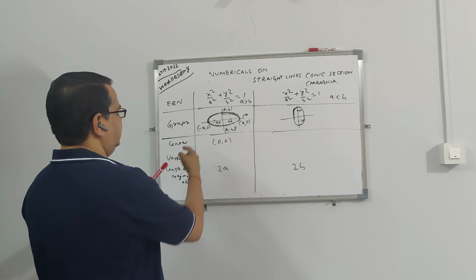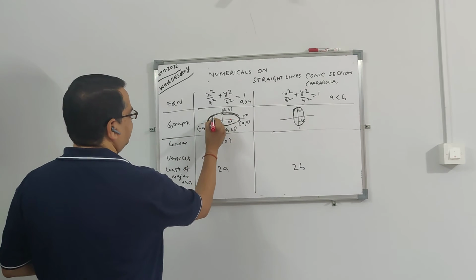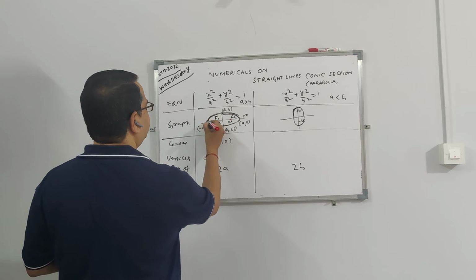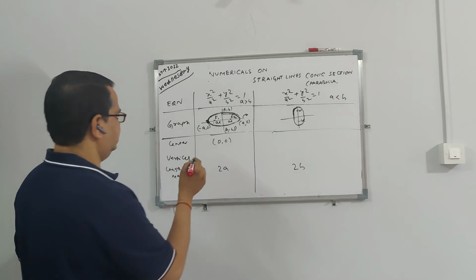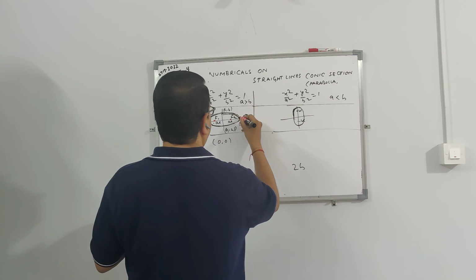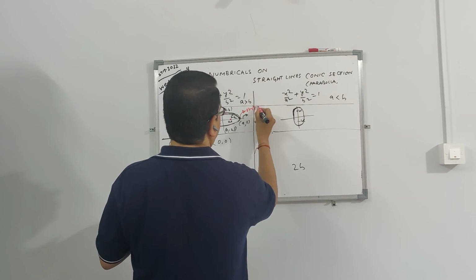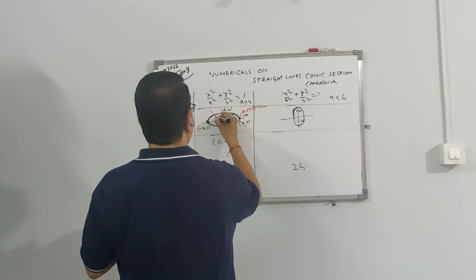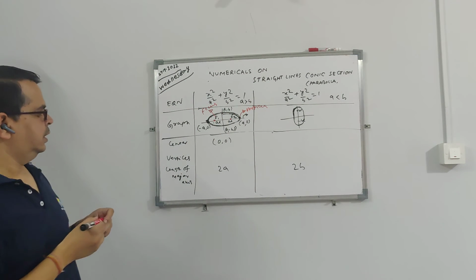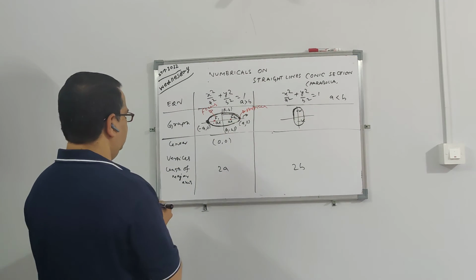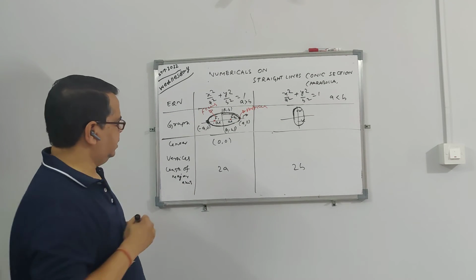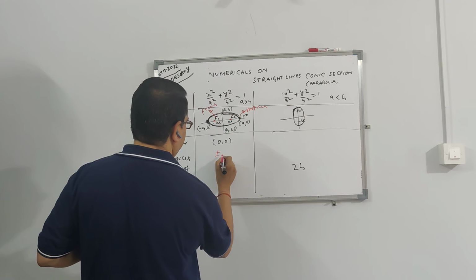But see, we should not confuse. These are foci, F1 and F2. These are foci, but these points are called vertices. This is vertices, whereas this is your focus. So the coordinates of vertices are plus or minus a, 0.